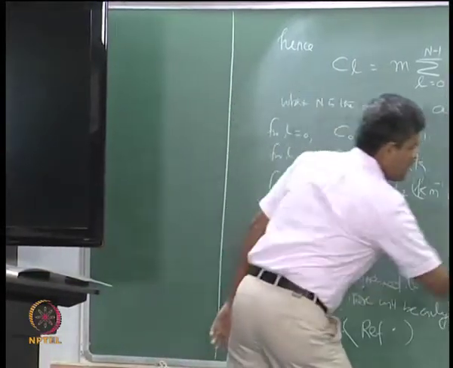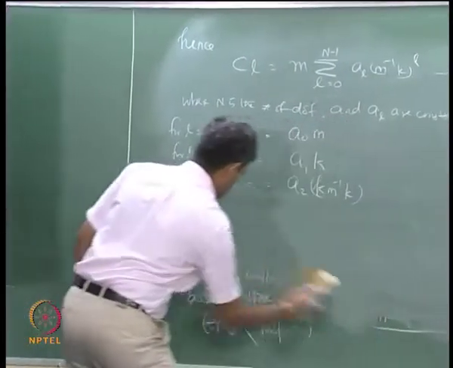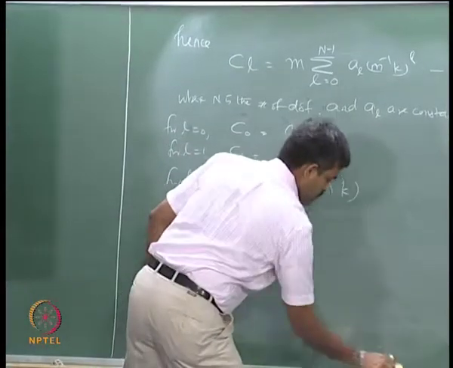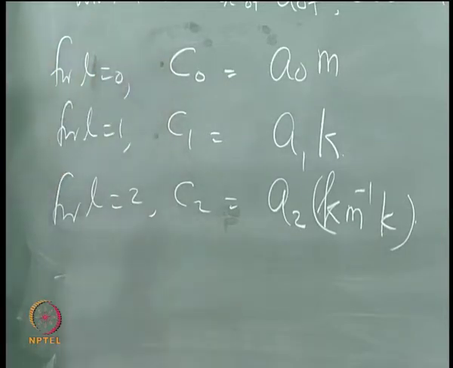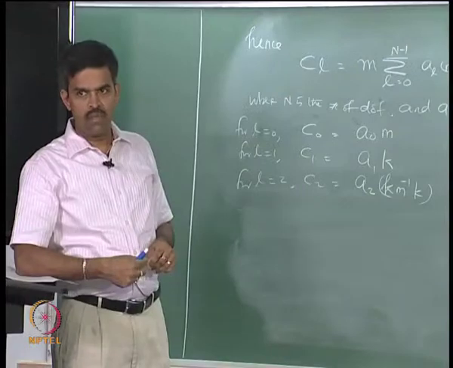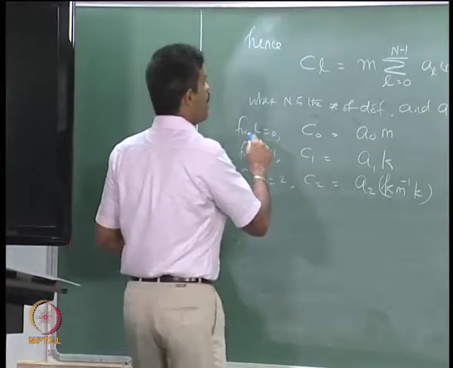So, we can very well see here in this set of equations that the first two terms actually represent the Rayleigh damping. If it is K to the power L, then C1 should be A naught M plus A1 K. I am looking at how we can do that.